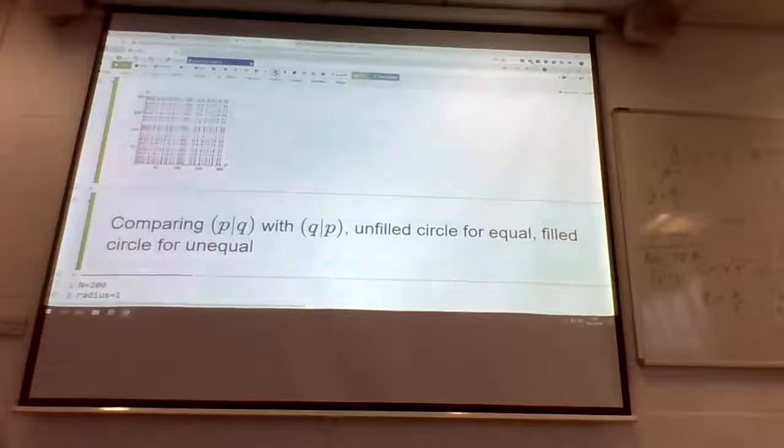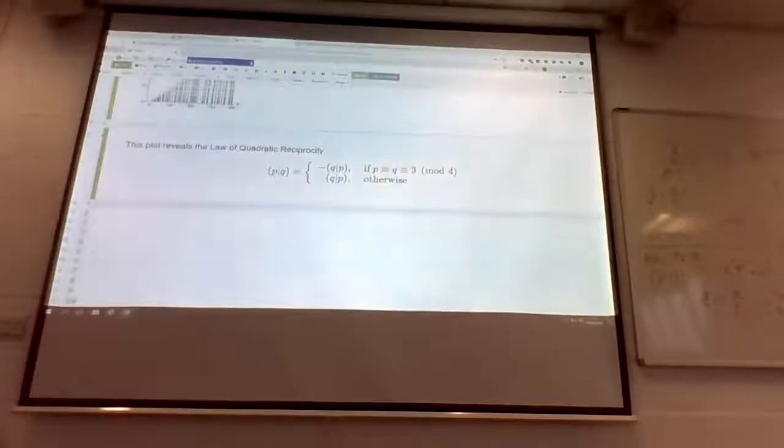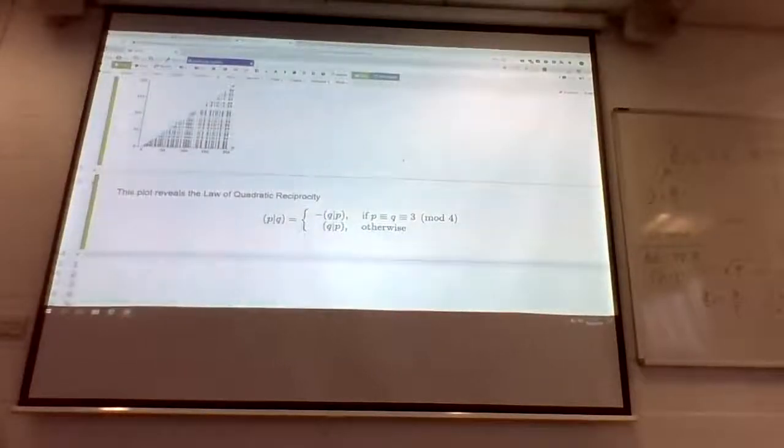At the bottom of page 65, there's a few notes on the historical side of when it happened. A few people, Euler, Gauss, Legendre, discovered it independently. But this is what you end up saying.